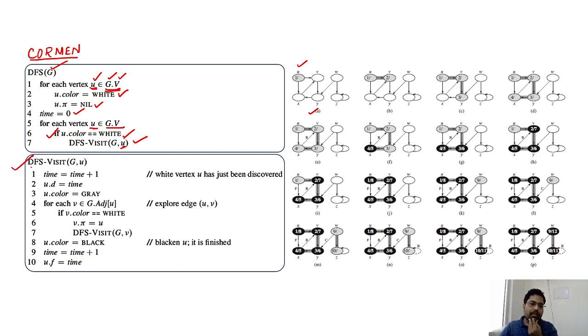Now, how the DFS-Visit function is called, we will discuss. As we discussed, it is similar to breadth first search, which could be very helpful. If you are new, you can watch that one. So first you increase the time to time plus one, because the main reason is we are exploring. Exploring means we are visiting it.